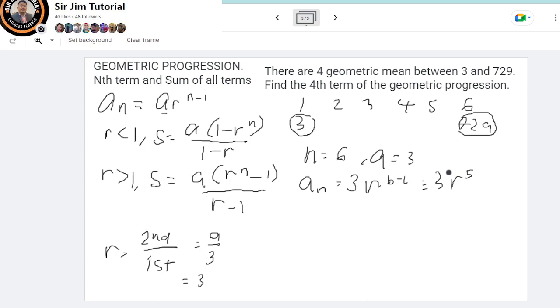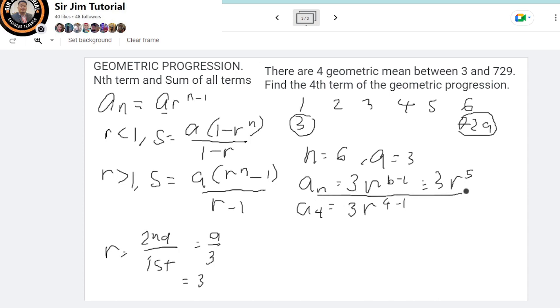Okay, so if we have to compute the fourth term, a4 is just equal to a, which is 3, and then r to the 4 minus 1. But here we can already compute what our r would be.